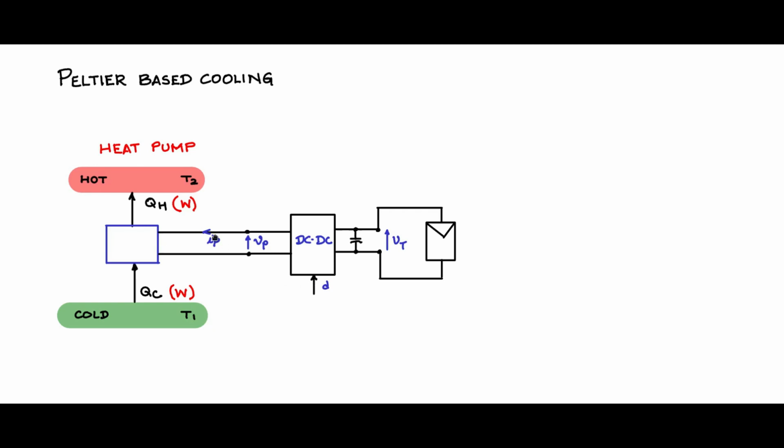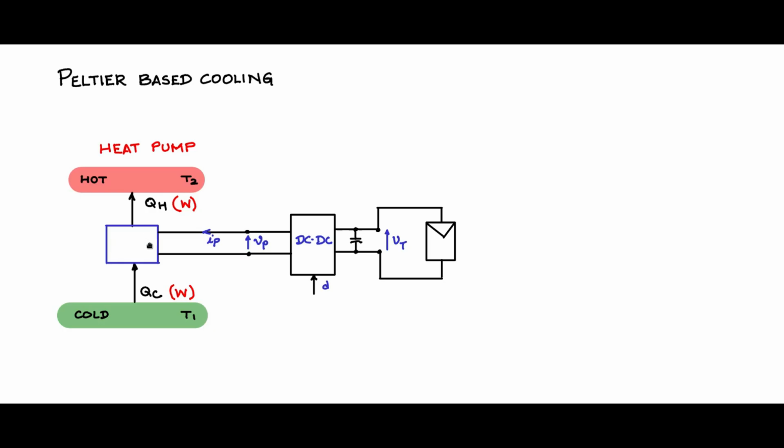So the duty cycle can be used to control IP, the current that is fed to the Peltier junction, and control the amount of QC that can be extracted from the cold junction and then fed into the hot junction. So this is the process of heat pumping.